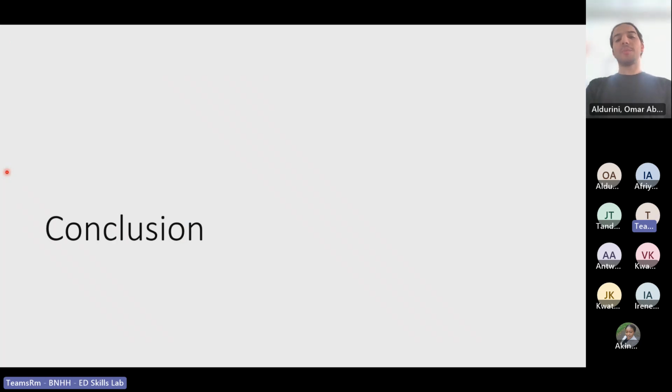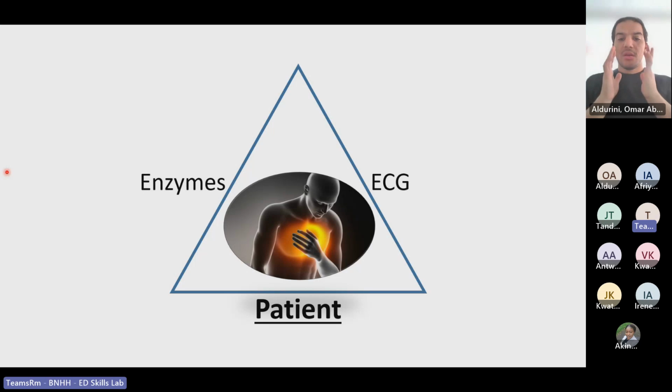Okay, for a conclusion, always depend on your patient's complaint. Start from it. If the complaint takes you towards ischemia, then it is ischemia until proven otherwise. If the complaint takes you towards arrhythmia, then it's arrhythmia until proven otherwise.